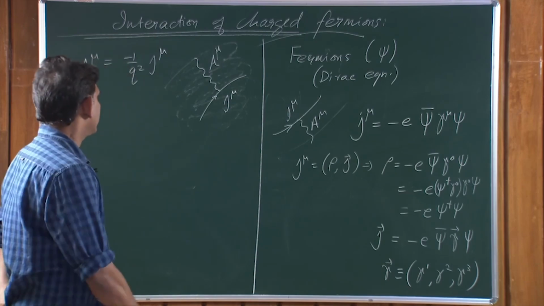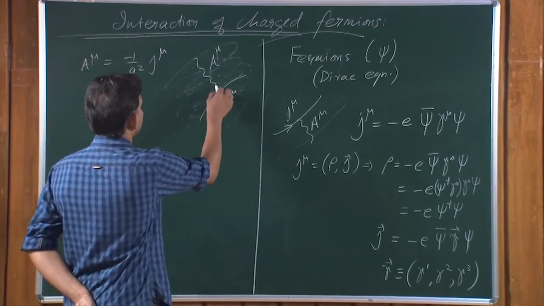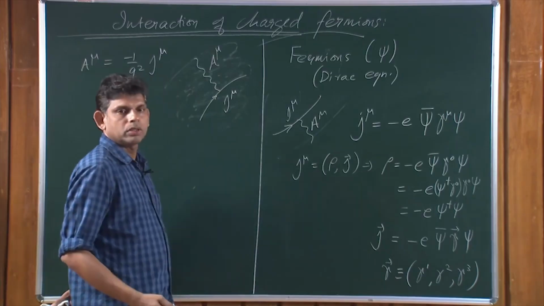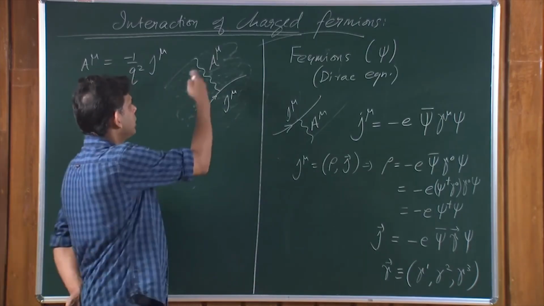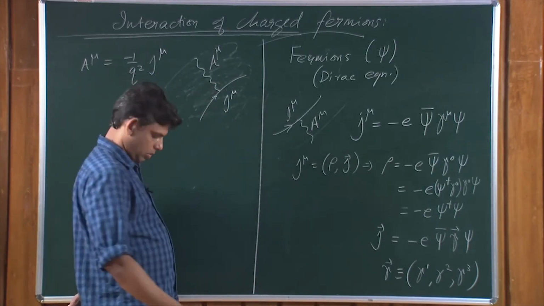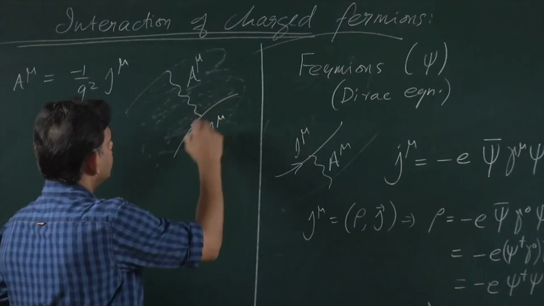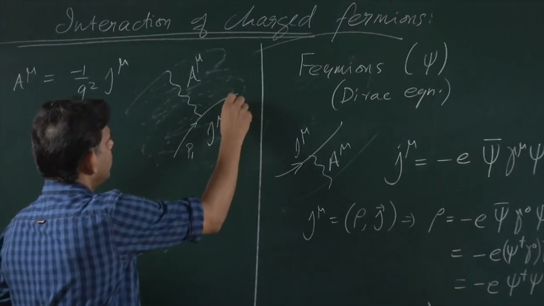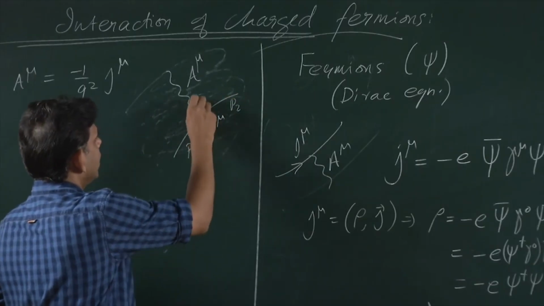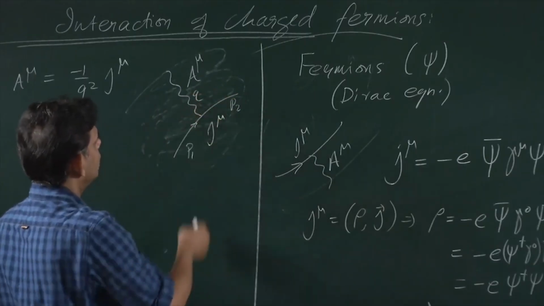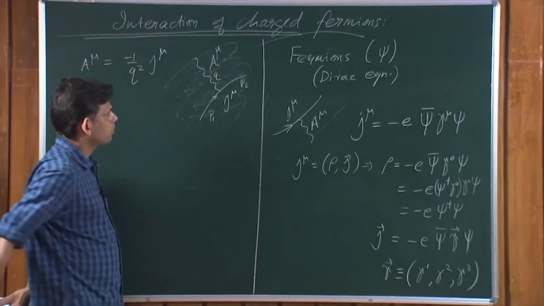When a photon is emitted, we can think about emitting and reabsorbing, or just emitting. When it is emitted, you will have some momentum p 1 here and a p 2 here and a q here. So, this essentially is the momentum of the q.